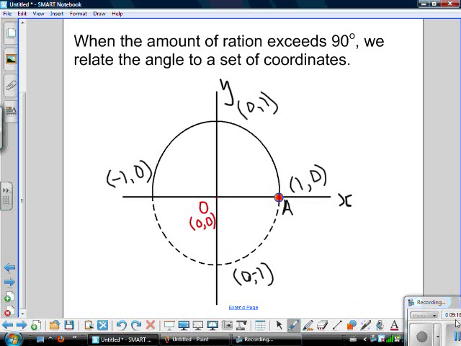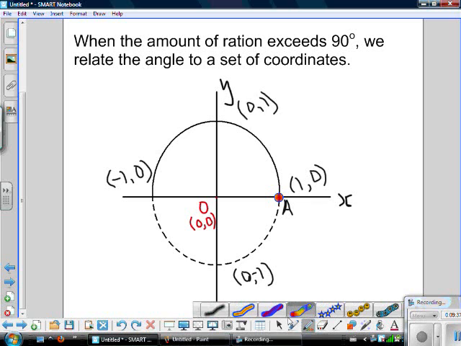And I'm going to create an angle because I need to have an angle since we're doing trigonometry, obviously. So what I'm going to do is I'm going to have one arm of my angle on the line OA, and I'm going to take a point P and place it, and for now I'm going to place it in the first quadrant for us to talk about.